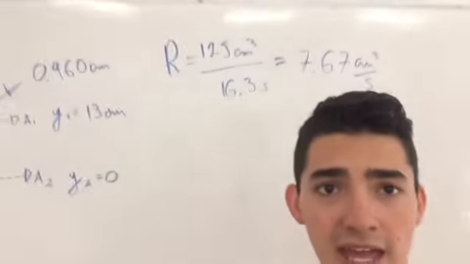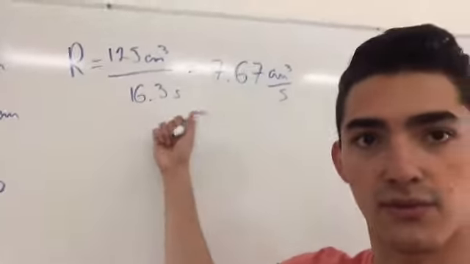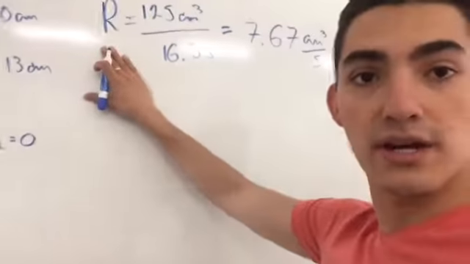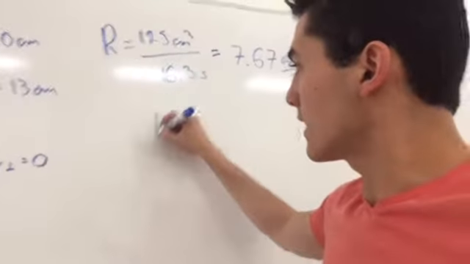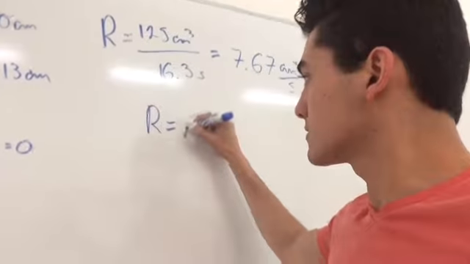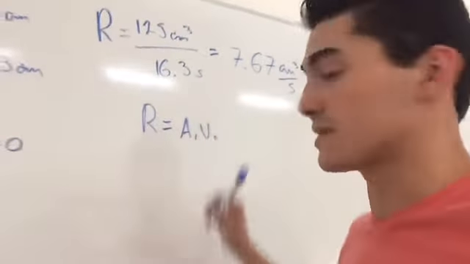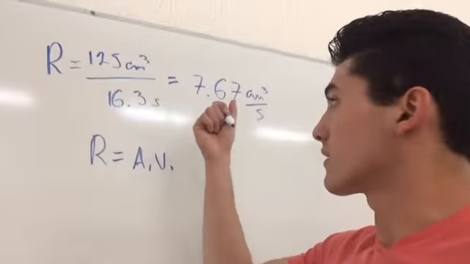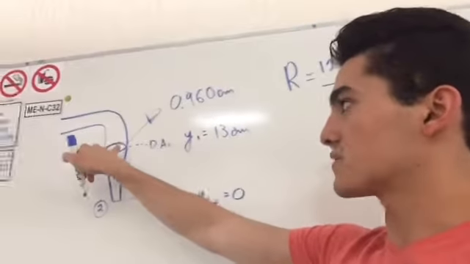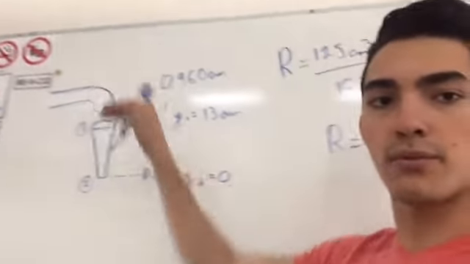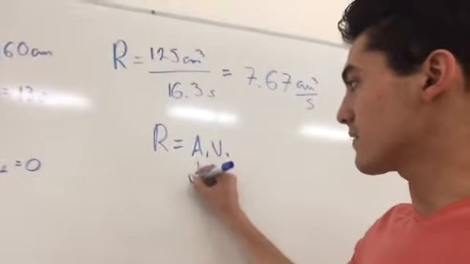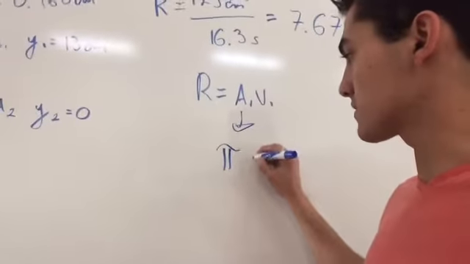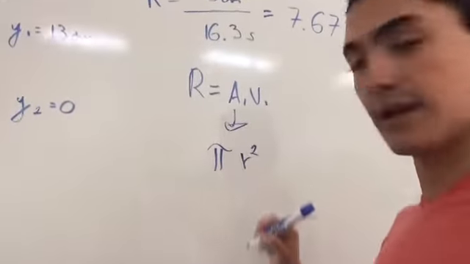Okay. Now that I have the rate of flow, I can use the equation of the rate of flow, and we know that the rate of flow is equal to the area times the velocity. So, for obtaining the area of the stream of the faucet of the upper part, we know that the area is equal to pi times the radius squared, okay?